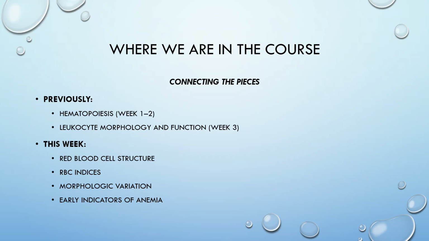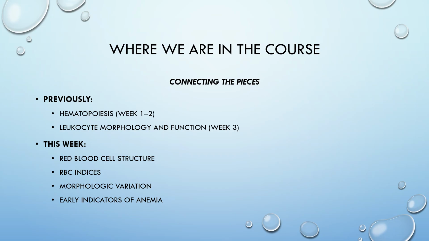This week, we're going to explore 4 major areas. First, red blood cell structure, because you can't recognize abnormal cells until you're comfortable identifying normal ones. Second, red blood cell indices, which are numerical values generated by automated hematology analyzers that help classify red blood cell populations. Third, morphologic variation, including differences in size, shape, and color.